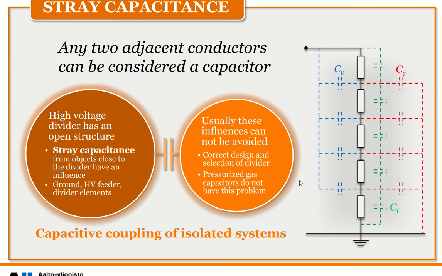According to this, the high voltage divider has an open structure. Stray capacitance from objects close to the divider has an influence. So the objects close to the divider means the adjacent conductors. So there is the influence of the stray capacitance, and then from ground to the high voltage feeder and divider element.